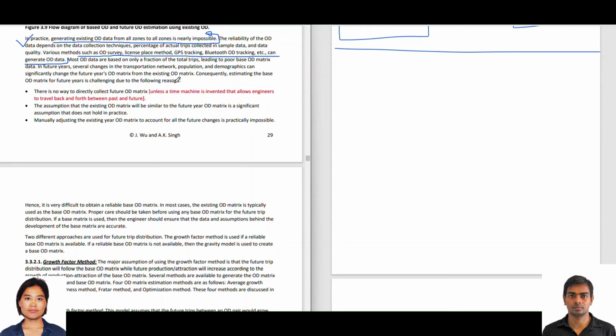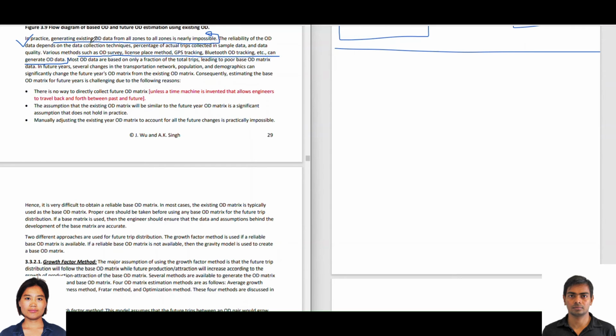However, most of the studies only generate a sample of data. Let's say Bluetooth tracking: they are only located along the major roadways, or there are some intermediate points where we cannot track where those vehicles are going. So the existing OD pattern is not completely collectible.